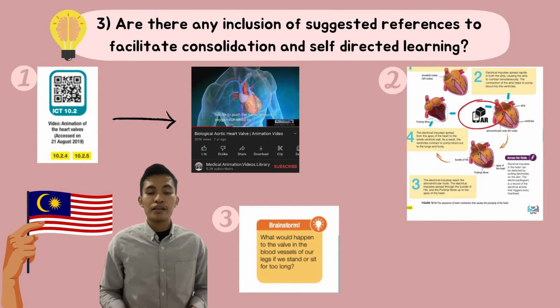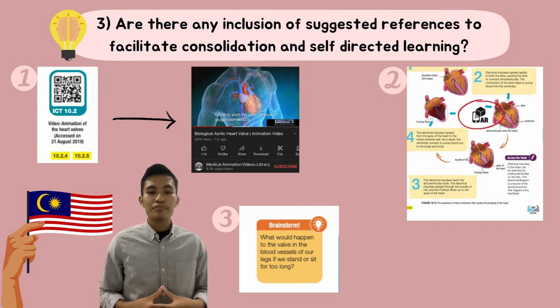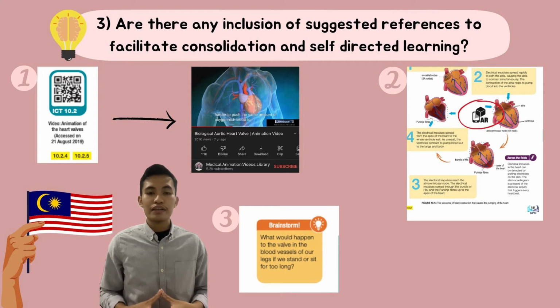Second one is by using the AR method. Students can see the figures in 3D on their phone while doing some self-learning at home to increase the excitement of learning. Last one is that KSSM puts in some brainstorming which students need to think and recall what they have learned in the classroom, and this will increase their knowledge of the topic.